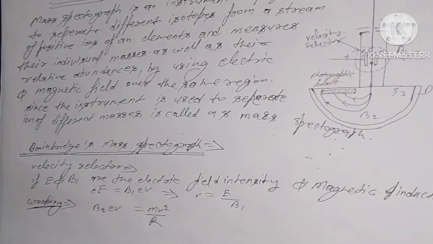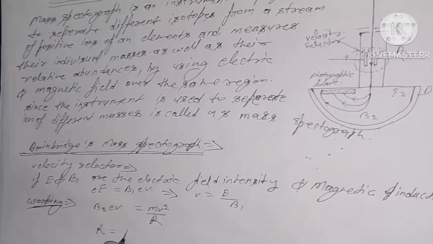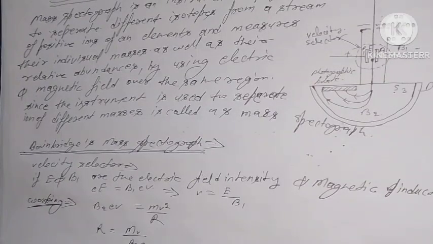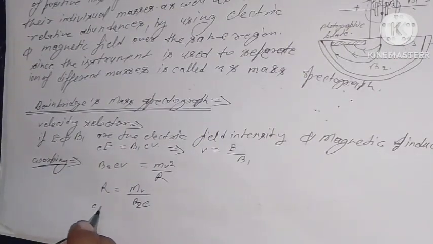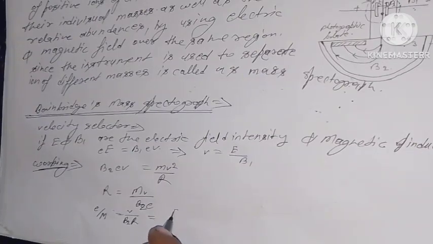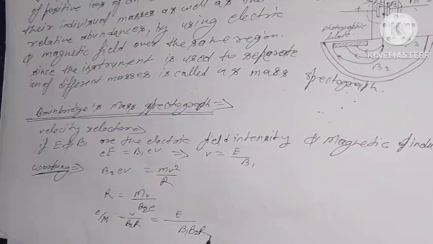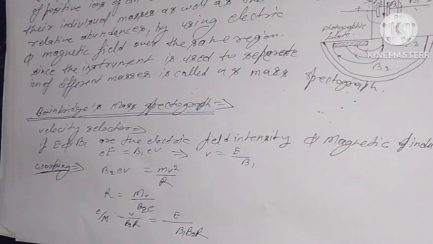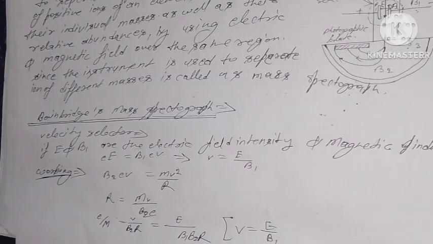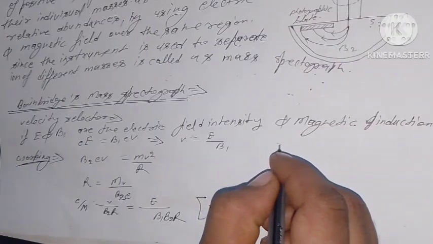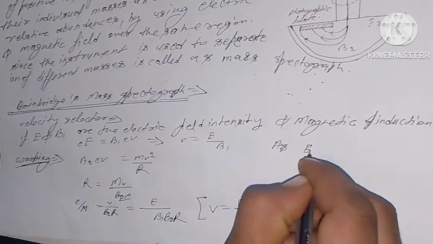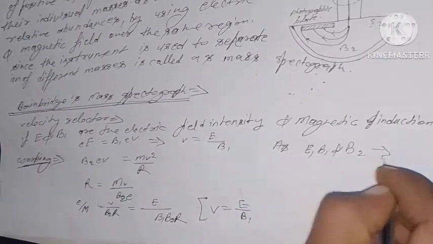Then R equals 2 mV by E, and M is proportional to R. The width of the focusing PQ is very small, and V1 and V2 are focusing constants, so the width PQ is constant and very small.